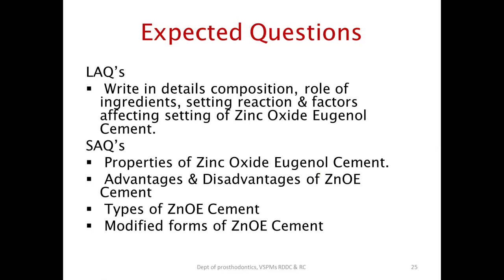So please don't get confused between zinc oxide eugenol impression paste and zinc oxide eugenol cement. Zinc oxide eugenol impression paste is an impression material, and zinc oxide eugenol cement is a restorative type of material. It is a type of dental cement used only as a liner, base, temporary luting material or temporary restorative material. So please don't confuse cement with impression paste.